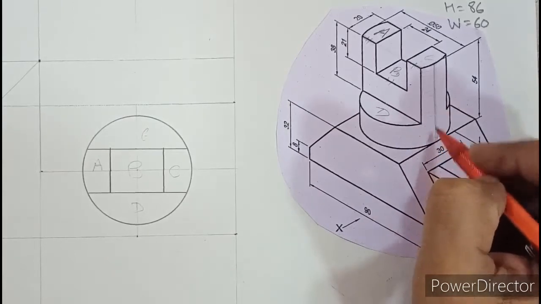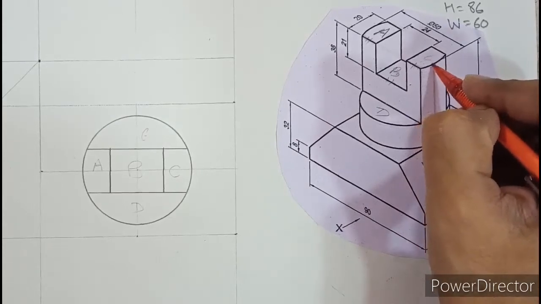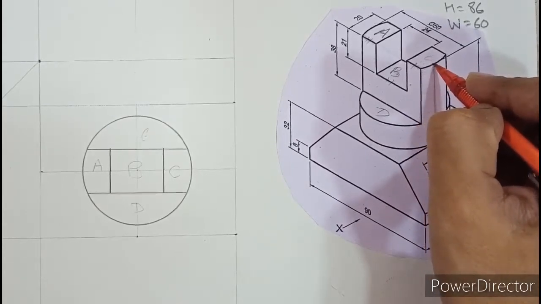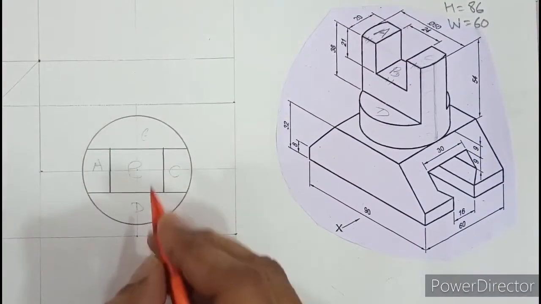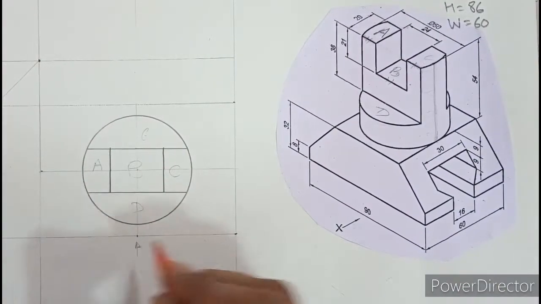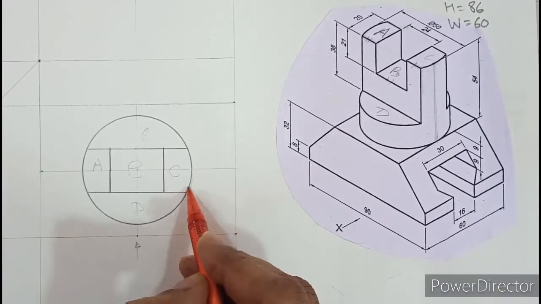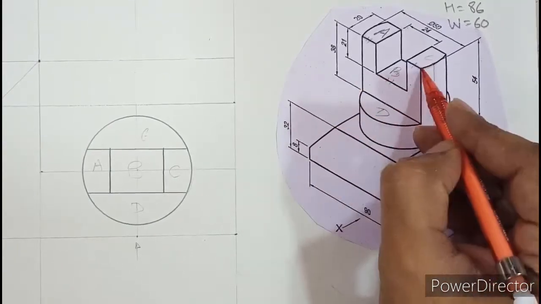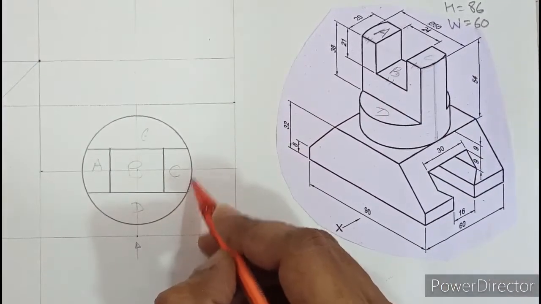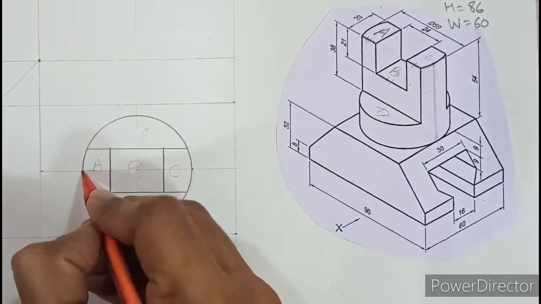Okay, and if you look in the top view, the boundary resembles the peak point of C and A. So in the diagram, observe looking from this side. Okay, so this curve can be seen. This curve is same as this one, both are same. So if you stand and look here, this curvature is same as this one. So at the max you can see up to this boundary and the other boundary over here.